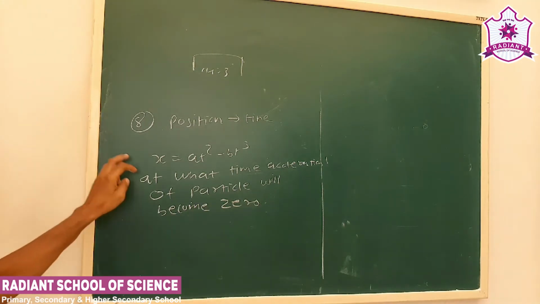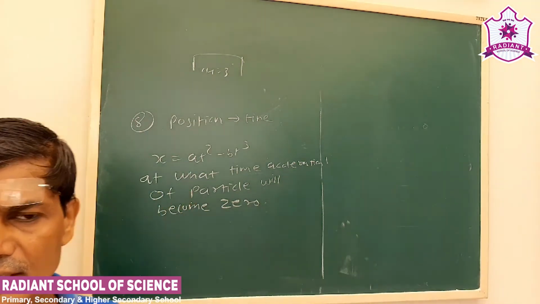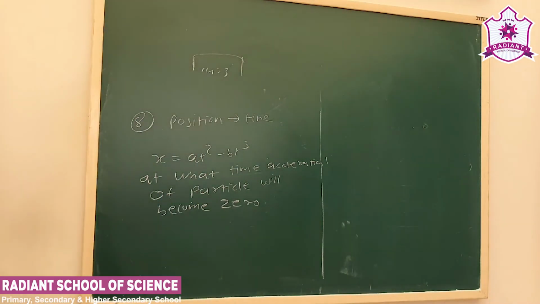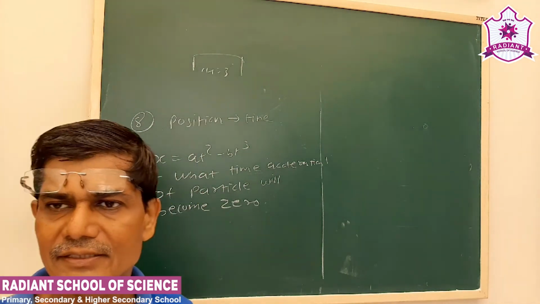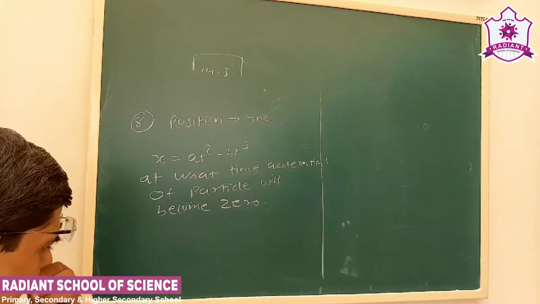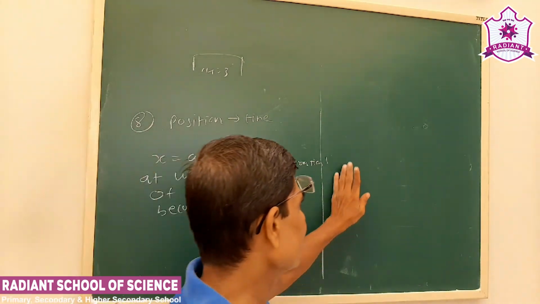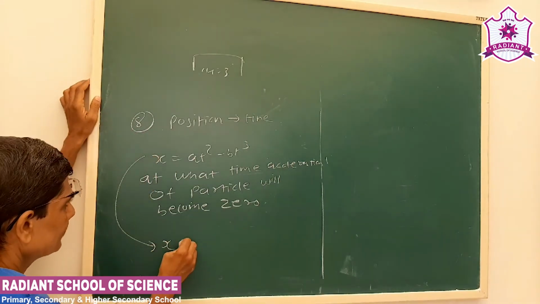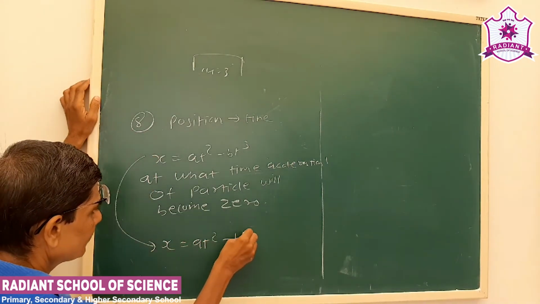Now what we are given is the x versus t relation. We have seen that the first derivative of x with respect to time gives the velocity, and the second derivative of x with respect to time gives the acceleration. Okay, so here x is given as at square minus bt cube.